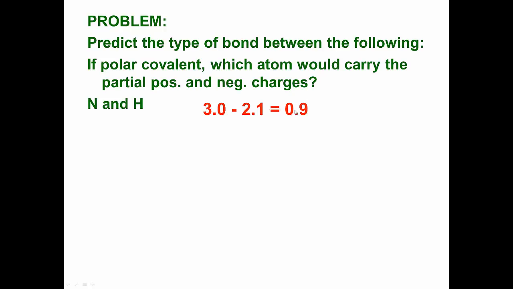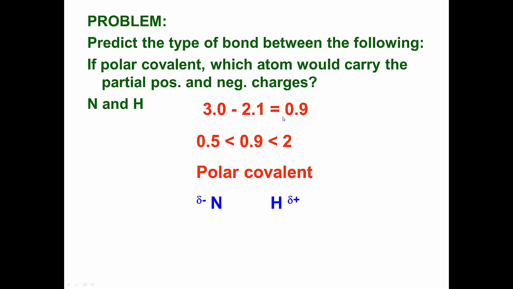The difference is 0.9. So 0.9 is between 0.5 and 2, so the bond between nitrogen and hydrogen would be polar covalent. The partial negative charge would go on the nitrogen because it has a greater electronegativity value, and the partial positive on the hydrogen.